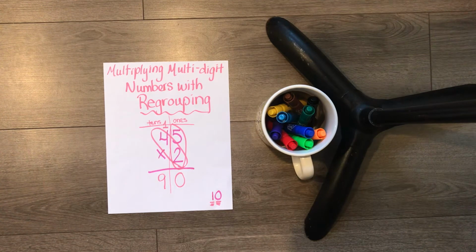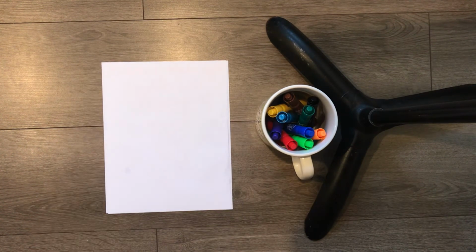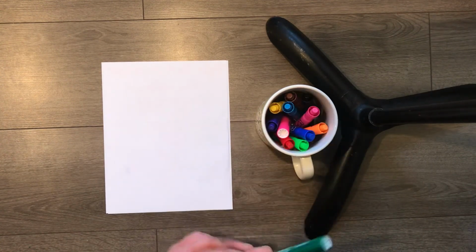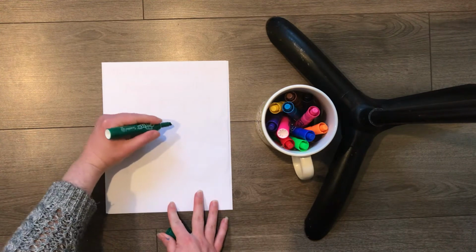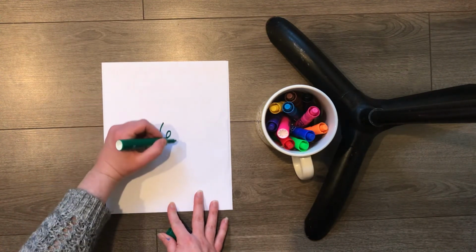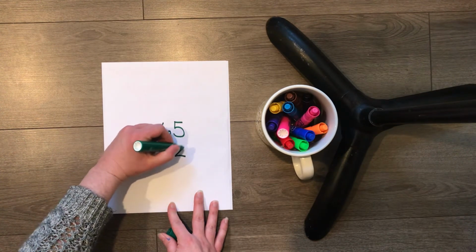Let's do another one. I know you're going to be awesome at this. We're going to try, again, a small number. Let's do 65 times 2.